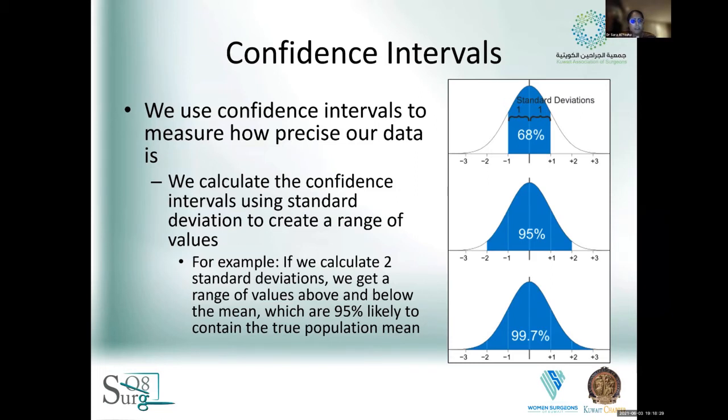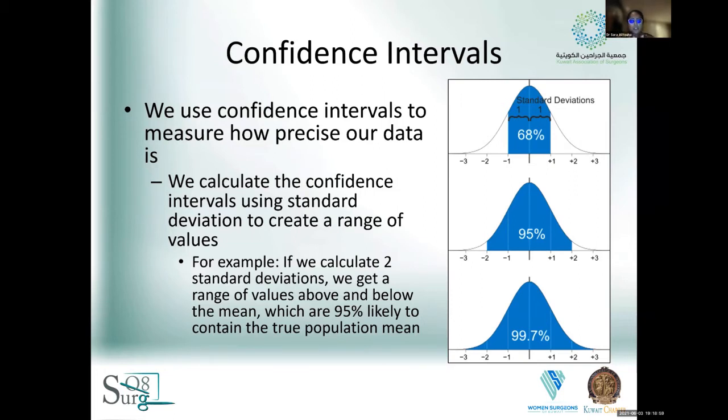Again, you can calculate this using statistical software. You don't need long formulas. We calculate the confidence intervals using standard deviation to give us a range of values that the mean falls under. In the diagram, one standard deviation means 68% of your data points are that close to the mean. Two standard deviations means the range covers 95% of your data points.